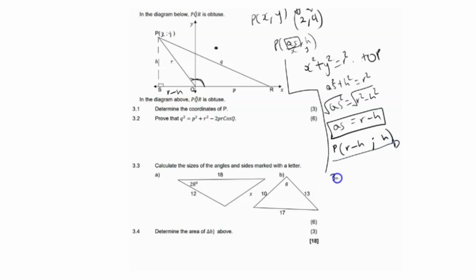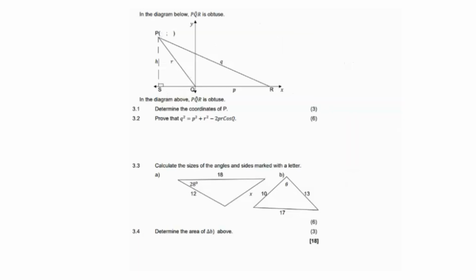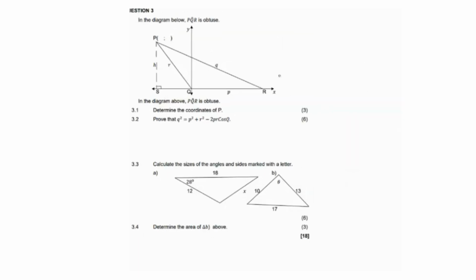So now let's move to the next question. So now prove that Q squared is P squared plus R squared minus 2PR.